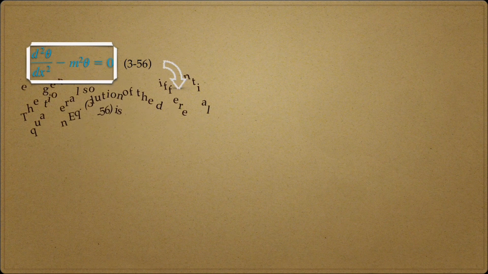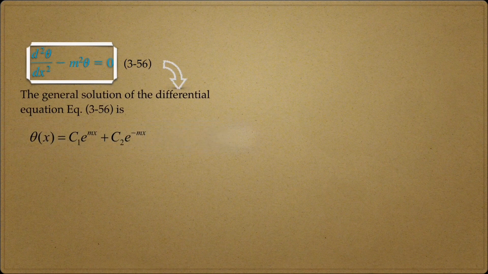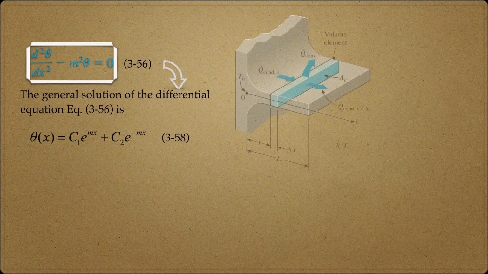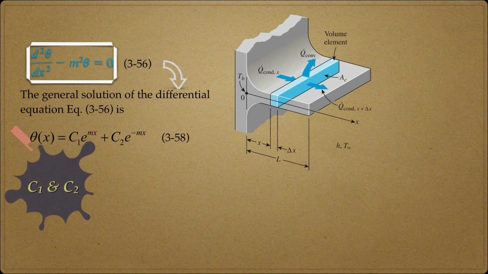Equation 356 is a linear, homogeneous second-order differential equation with constant coefficients. The general solution of the differential equation 356 is given in equation 358.